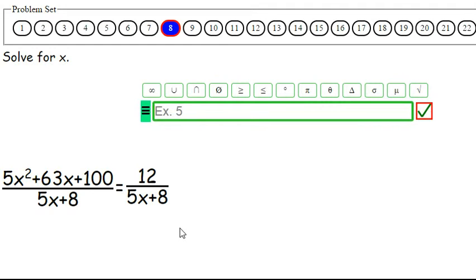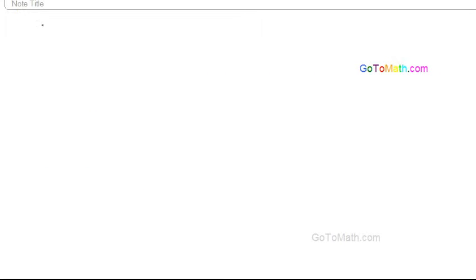5x squared plus 63x plus 100, and that's all over 5x plus 8. And that's equal to 12 over 5x plus 8. Okay, got that.